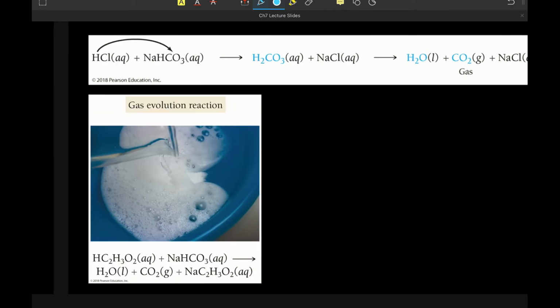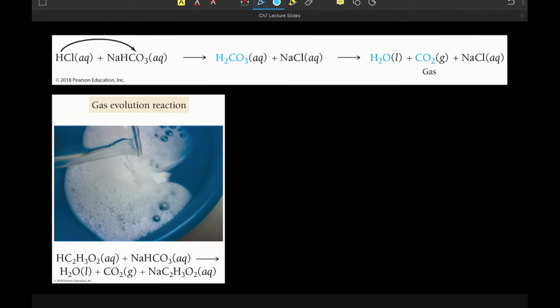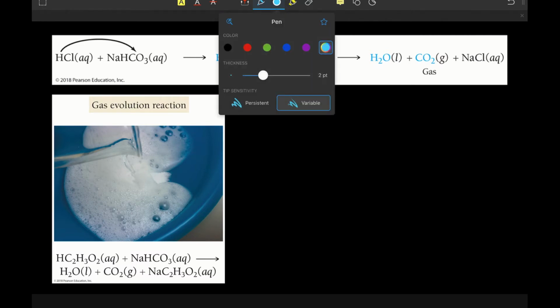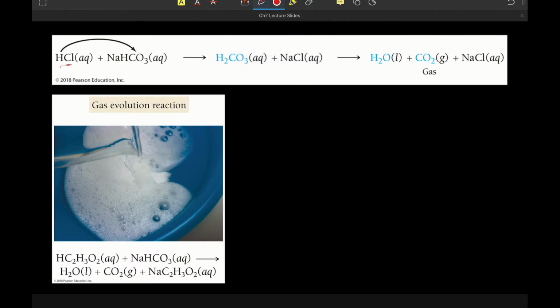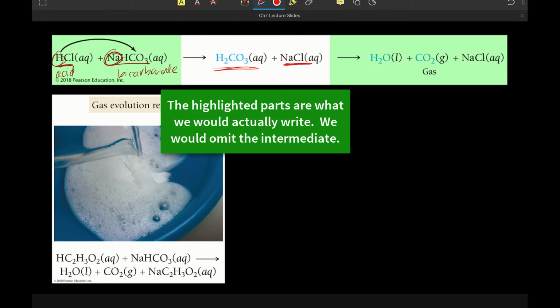Your book spells this out quite clearly, where we have an acid and here in this case a bicarbonate, which also does this same process, and we switch our cations, and we end up with NaCl as one compound and H2CO3 as our other. But then this H2CO3, like we just talked about, decomposes into water and carbon dioxide gas.